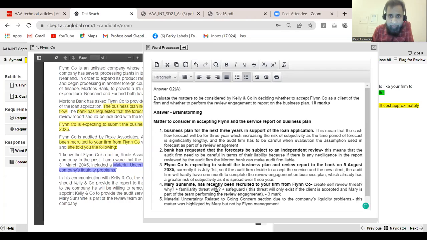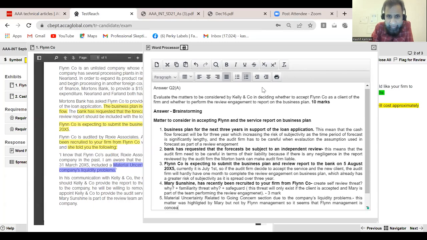So it seems that Flynn management is concealing this issue from the audit firm, and this questions the integrity of the management.